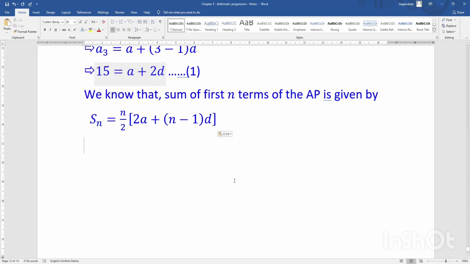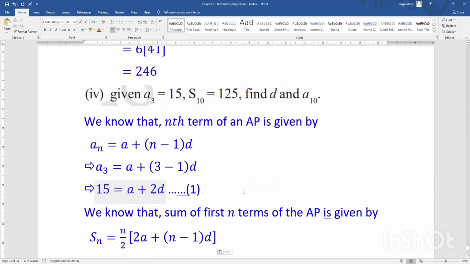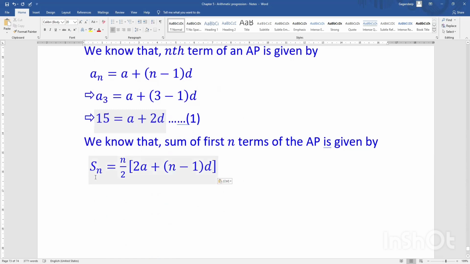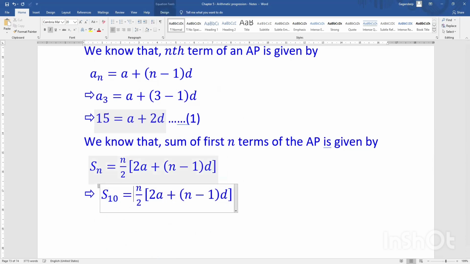Now I'm going to take the Sn formula. We have the Sn formula as n by 2 into 2a plus n minus 1 into d. Now I will take S10. Instead of n, you just replace it with 10. I take the same formula here, so n, I replace it with 10. Again here also with 10, and then 2a.